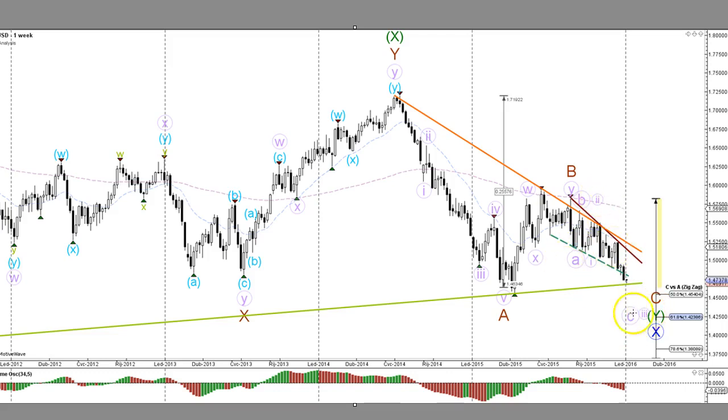If it is a 1, 2, 3, 4, 5, then we should get the continuation of C. If it's an ABC purple, then we will probably relabel this to a WXY, which finishes wave B. So B will go here, and we get a WXY, and ABC will be part of the X, right? If it's a 1, 2, 3, and we get the break, then we should see the brown C continue.